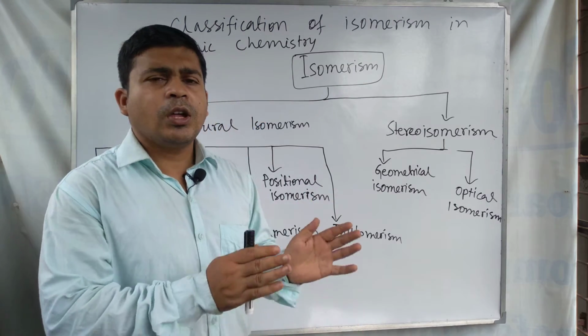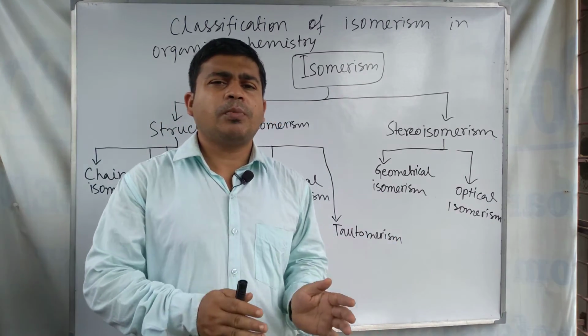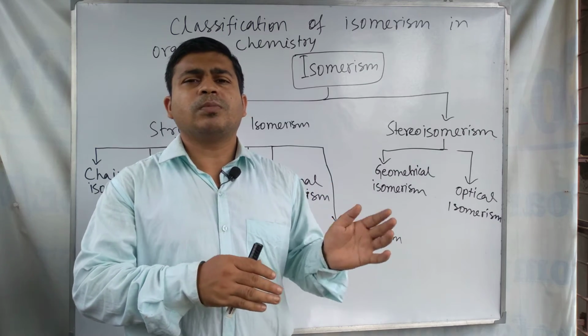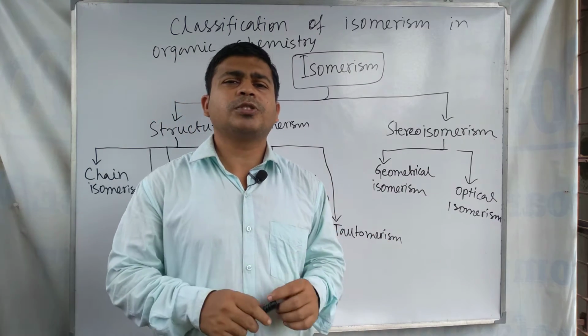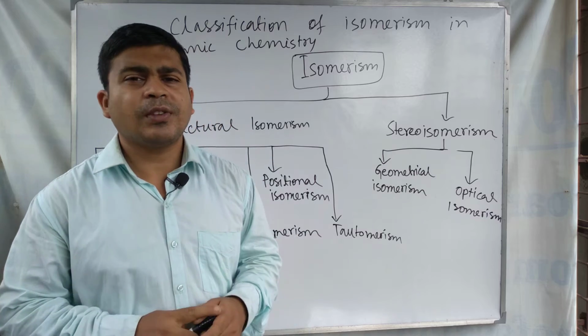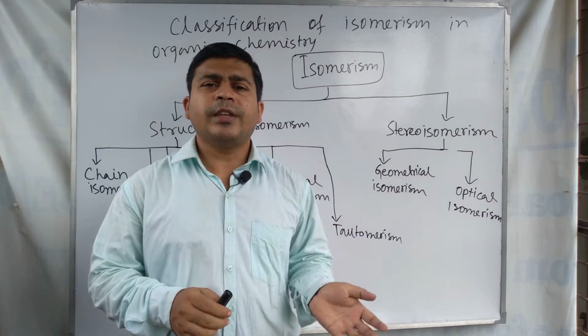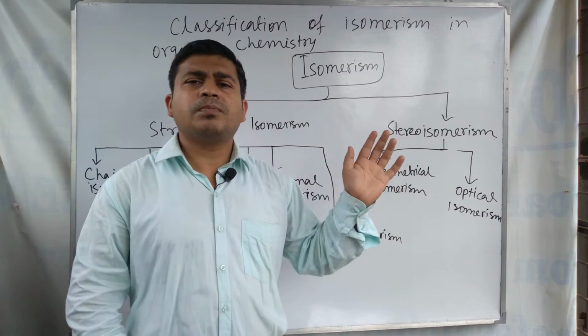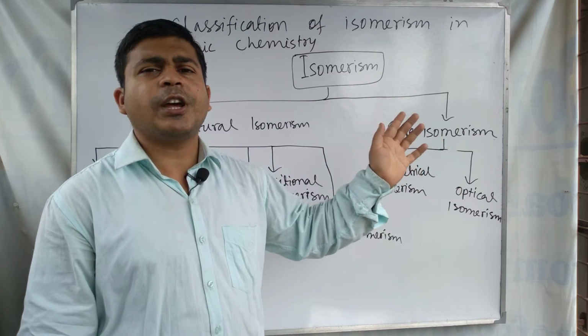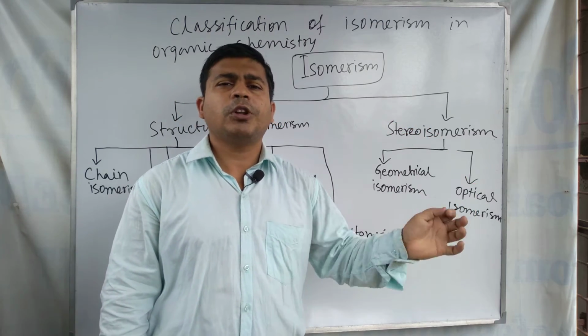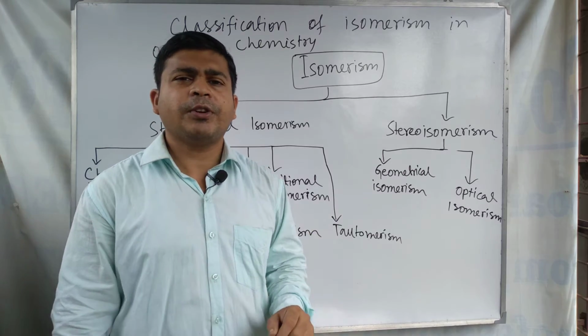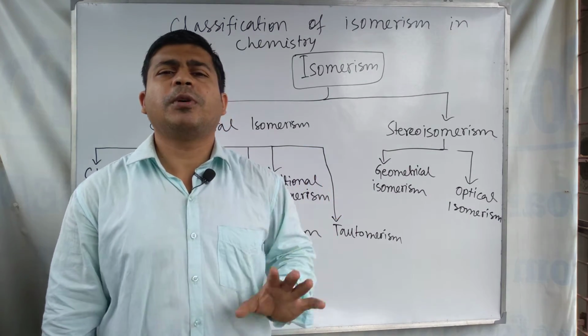Means when two or more compounds can be represented by the same molecular formula, then all the compounds that can be represented by a common molecular formula are called isomers, and this phenomenon is called isomerism.